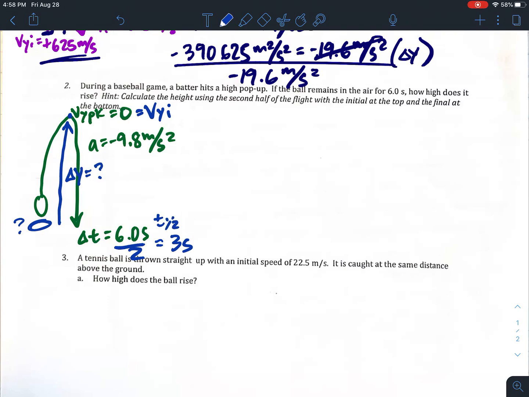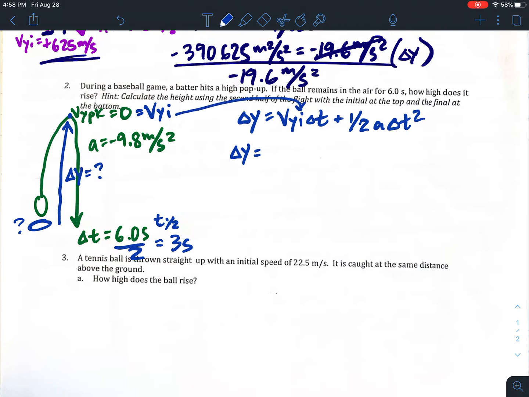And so we want to use time over 2 here. Okay? And now I have VYI, I have A, I have time, and I need delta y, and so I'm going to choose the equation that doesn't have VYF in it, which is delta y equals VYI t plus 1/2 a t squared.